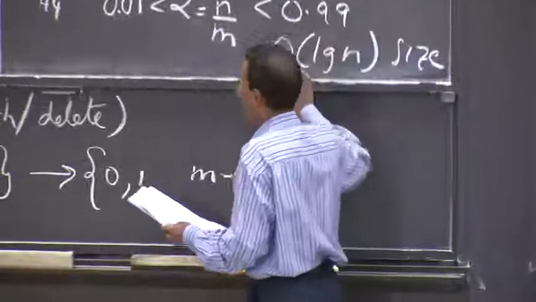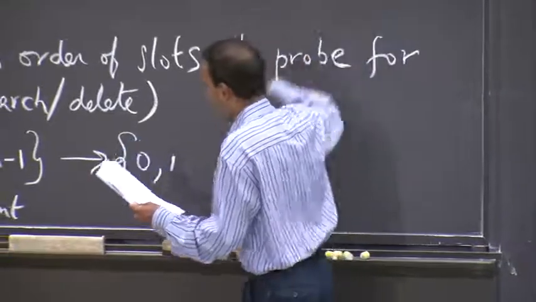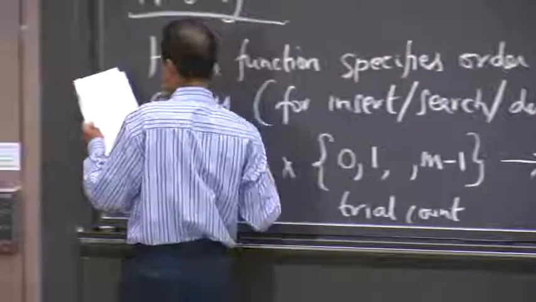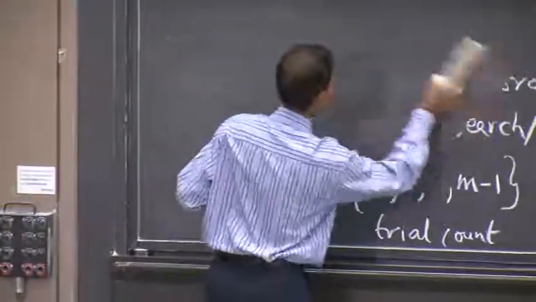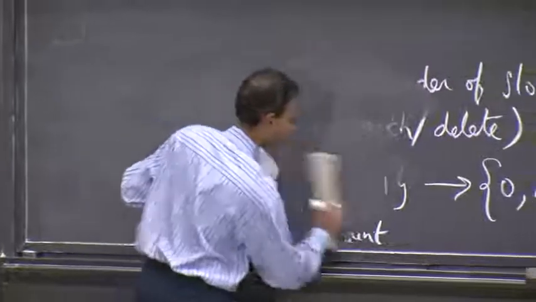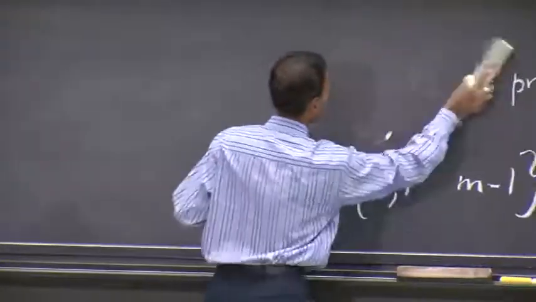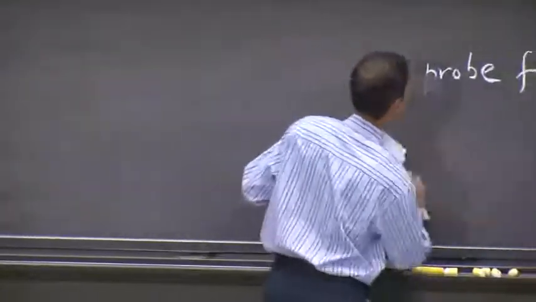So how do we fix that? Well, one strategy that works reasonably well is called double hashing. And it literally means what it says. You have to run a couple of hashes.